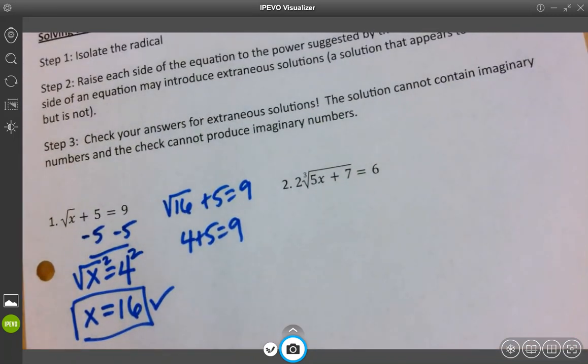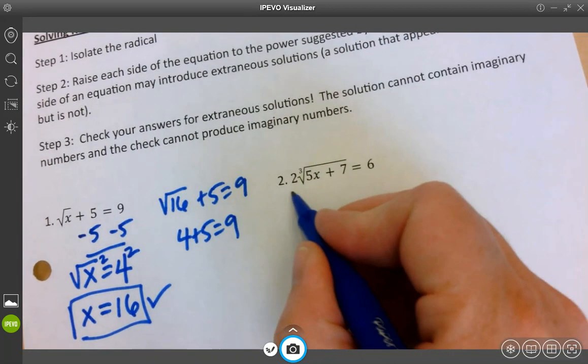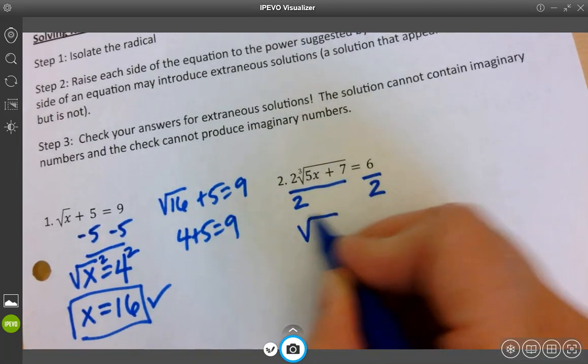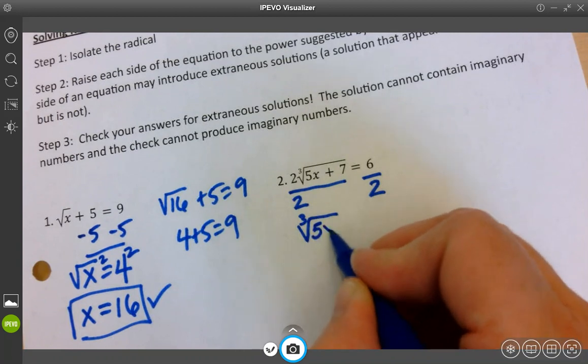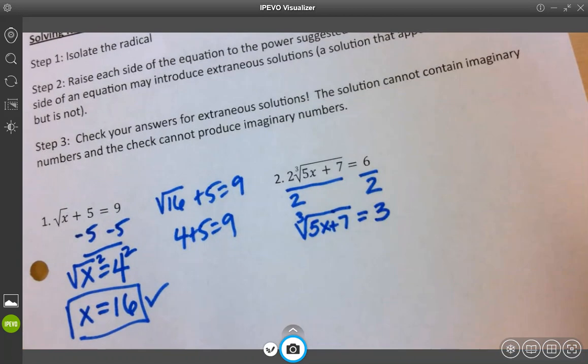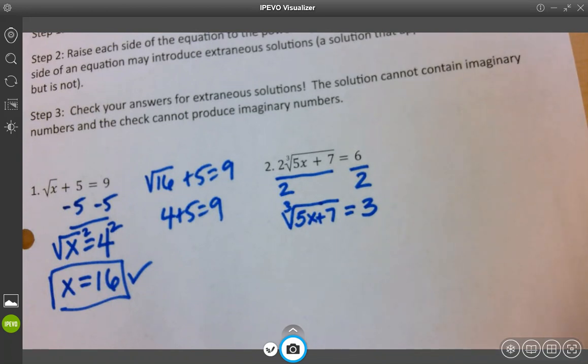All right, in problem 2, remember we have to isolate the radical. How did you get rid of the 2? Right. All right, and then Morgan, how did you get rid of the cube root? Very good.